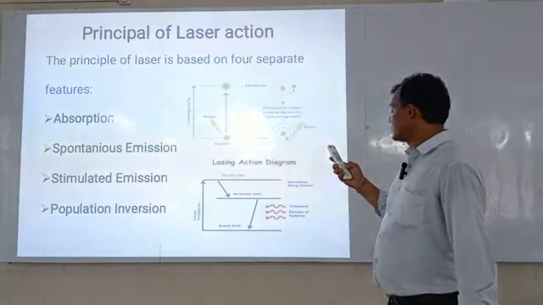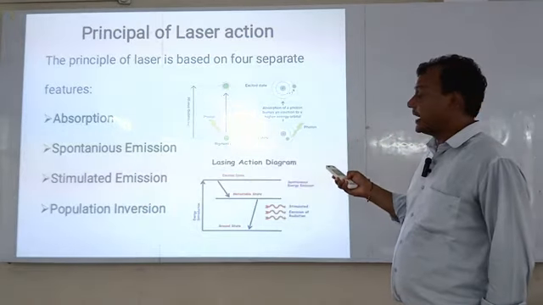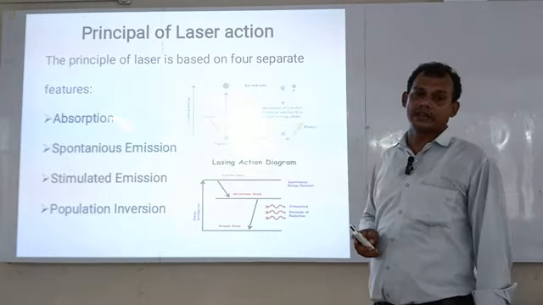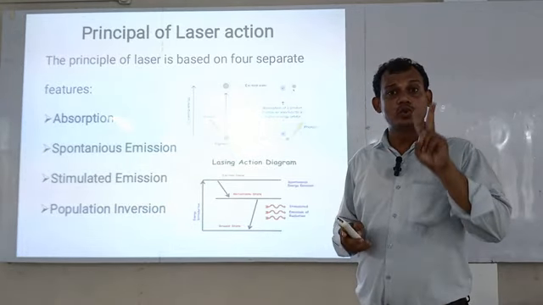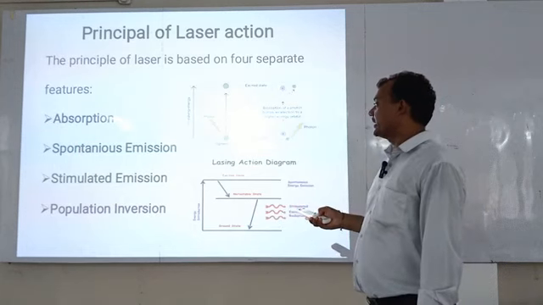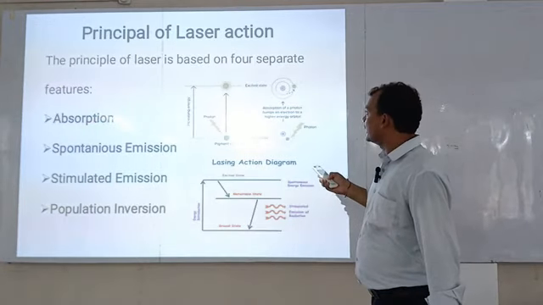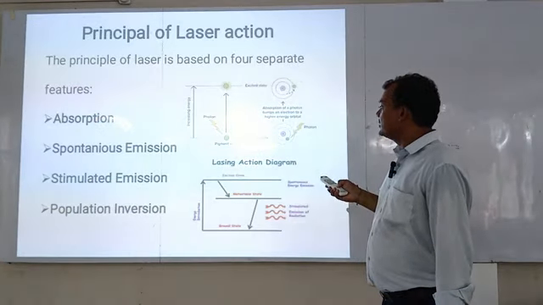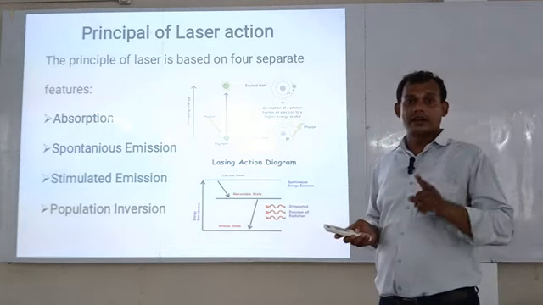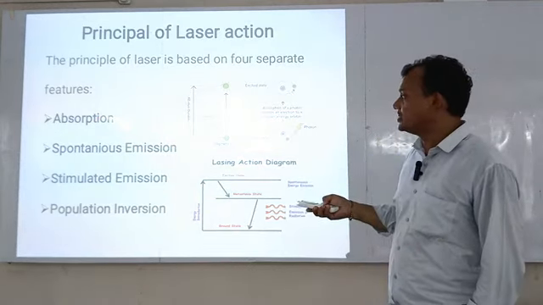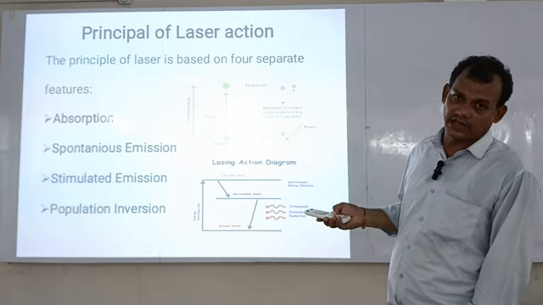Here, when the atoms are in the excited state, they come back to the ground state in two ways. One is spontaneous and the second is stimulated. When atoms come directly from the excited state to the ground state and release some energy, this is known as spontaneous emission.